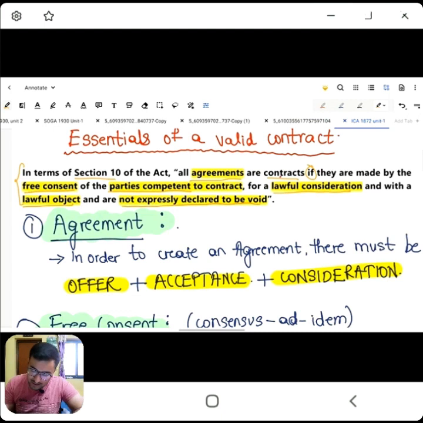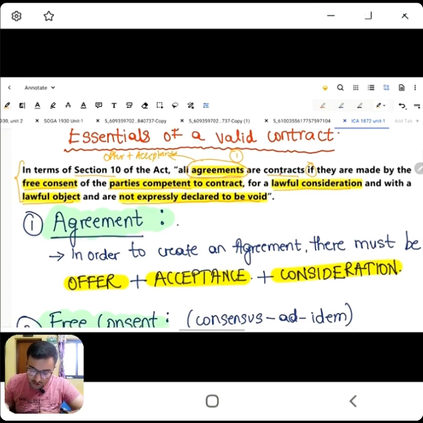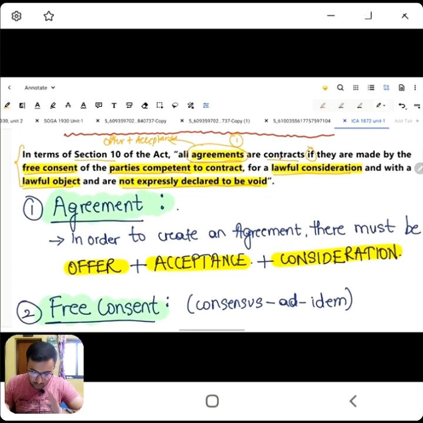What are those six conditions? Condition number one, agreement. There has to be an agreement. Agreement means offer plus acceptance. Second, there has to be free consent. Consent is very important before you do anything. Third, the parties to the contract have to be competent parties.